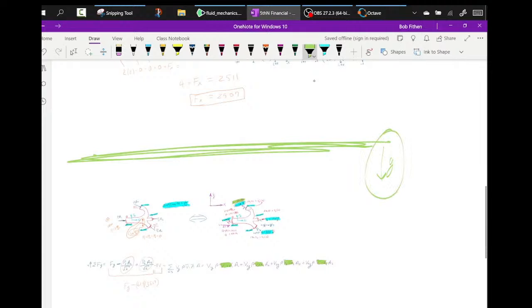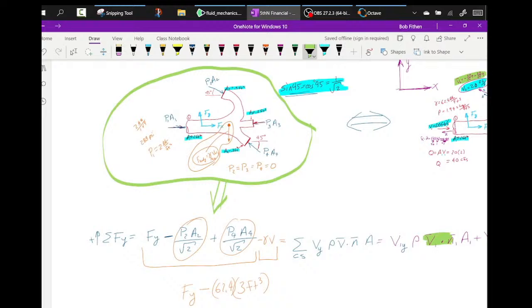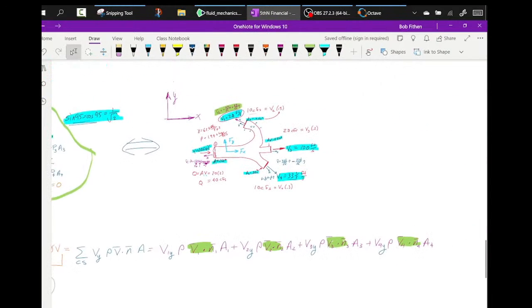Okay, let's take a look at this. Okay, again, on the left-hand side, you see my sum of the forces. My free body diagram is drawn right here. This is what I do in standard. On the right-hand side of this equal sign is only the velocities.